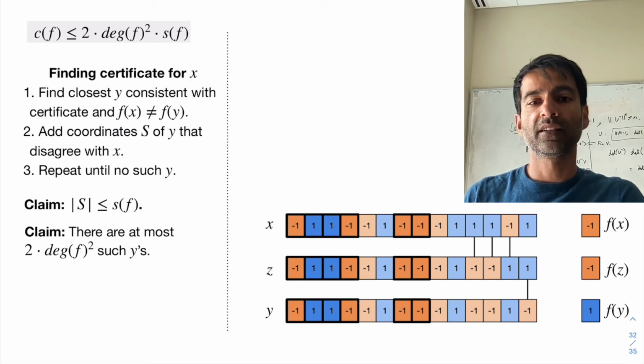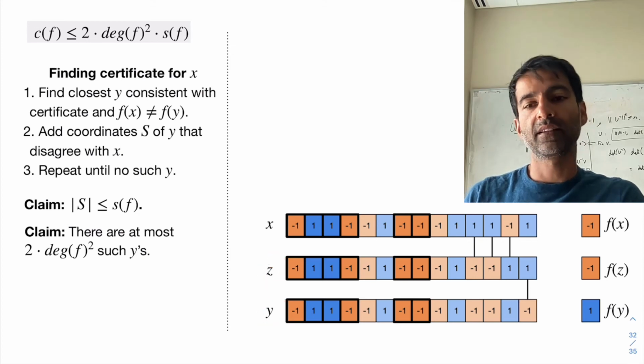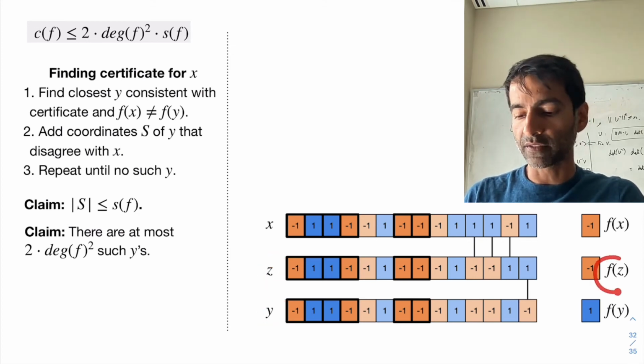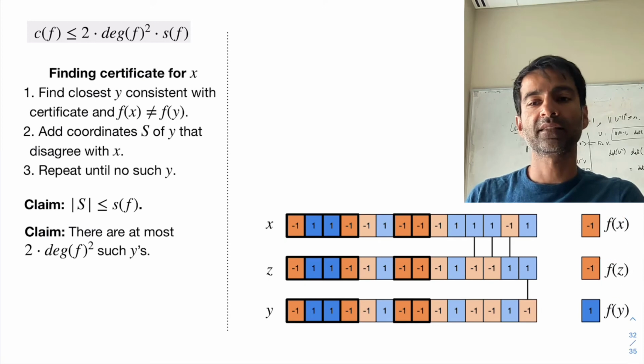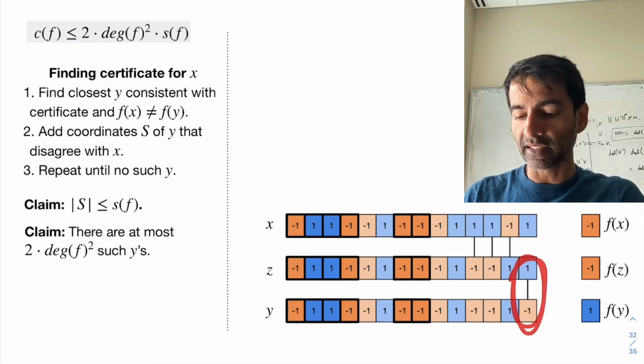Okay. So since our algorithm did not pick z and instead picked y, it must be the case that the value of f at z is equal to the value of f at x. But that means that this coordinate is a sensitive coordinate for y.